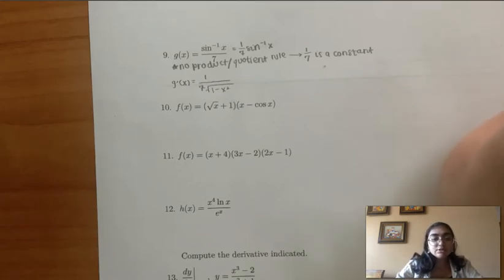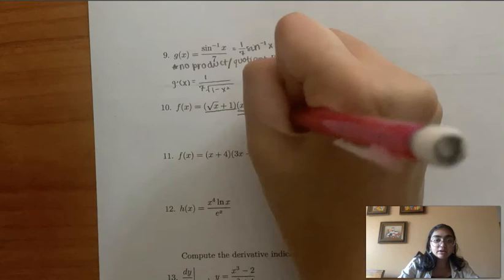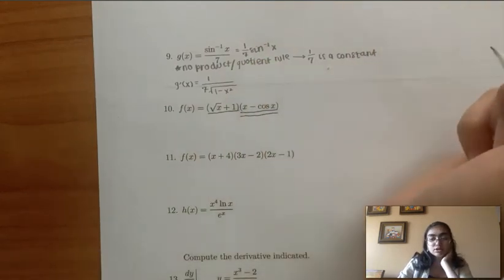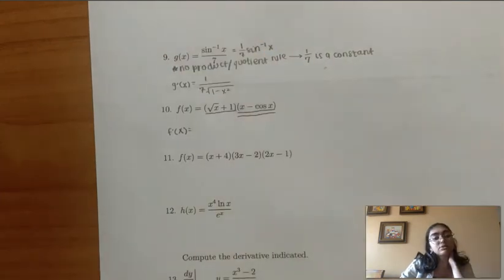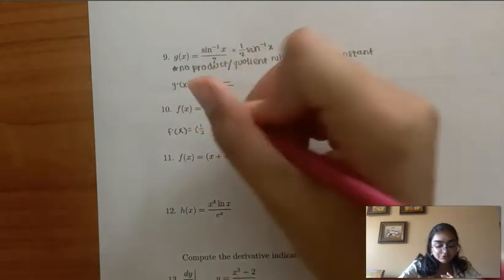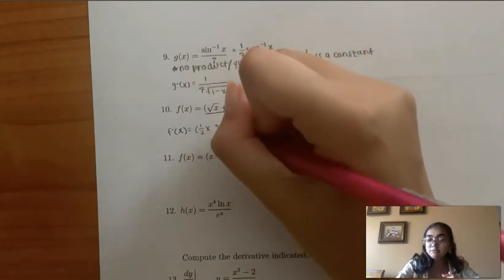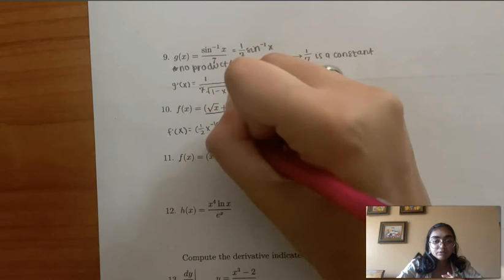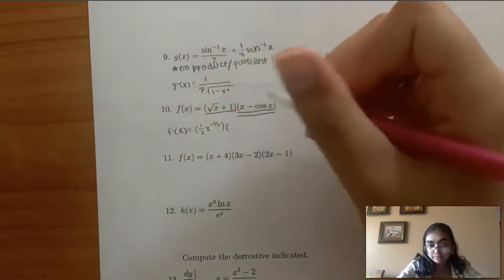Now, moving on to number 10, we see that it's just a simple product rule. So we'll go ahead and underline the components of our product, and then we will begin the derivative. We take the derivative of the first part, the square root of x plus 1, giving us 1/2 x to the negative 1/2 power. And then we keep x minus cosine x the same.